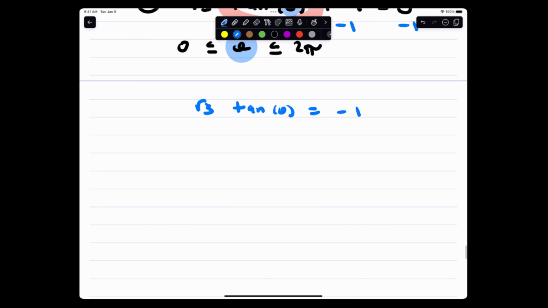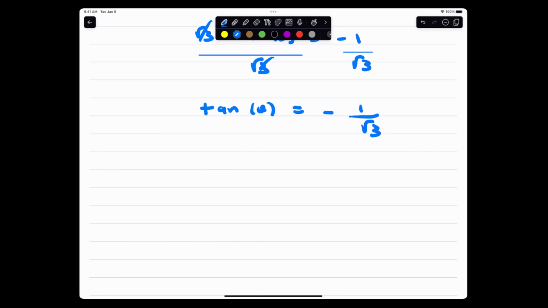And then what do we do? Divide both sides by square root of 3. So you get tangent theta is -1 over what? Square root of 3. And now you're in the situation where I want to remind you, this is a negative value.